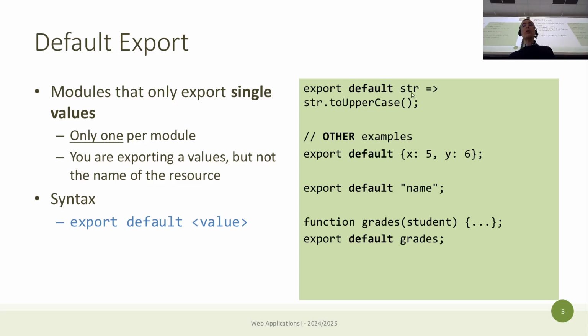You can export also an object that has a lot of properties typically, and these properties can be functions. You can export functions as well, but if you export a single function, you only export a single function, okay? So the usefulness of modules is typically to provide more than one function. Okay. So that's the syntax to export a single value.